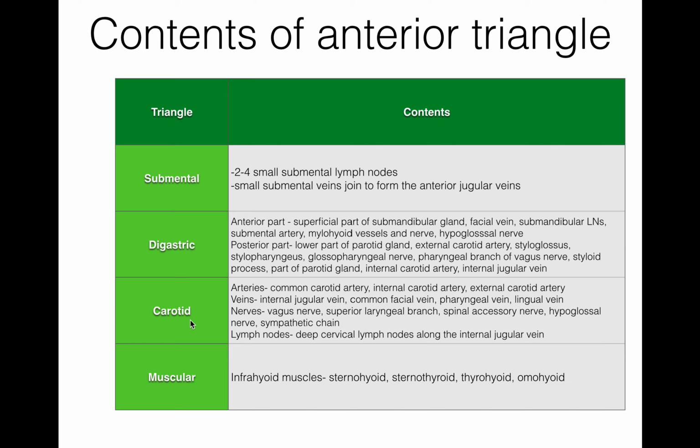And nerves include the vagus nerve, the superior laryngeal branch of the vagus nerve, and the spinal accessory nerve, and the hypoglossal nerve, as well as the sympathetic chain. And the lymph nodes are deep cervical lymph nodes along the internal jugular vein. And the muscular triangle has the infrahyoid muscles, which are the sternohyoid, the sternothyroid, the thyrohyoid, and the omohyoid muscles.